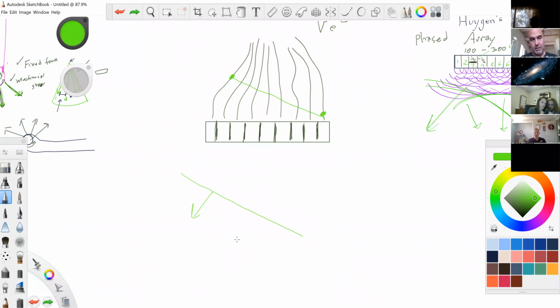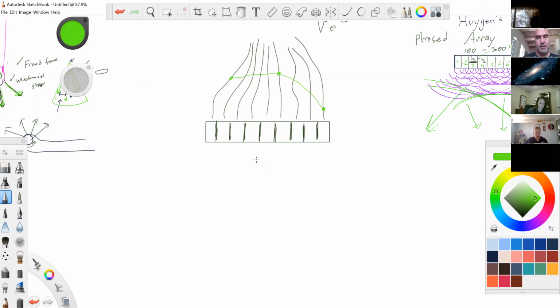Now, we're almost always focusing, right? There's always some kind of focus. So we could steer in the same direction, and then rather than making a straight line across, we could even curve it. So still steered, but also focused.